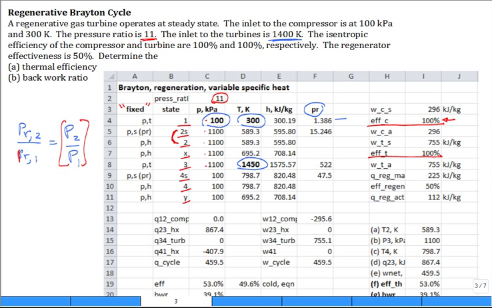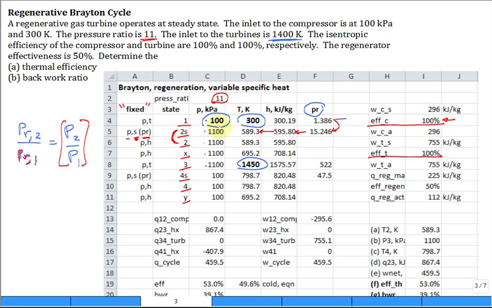You looked up Pr1, and now you calculate Pr2 is just 11 times Pr1. And there you go. Using Pr, really what we said is I know the pressure and its isentropic compression through the compressor. Now I can look up h as well as T.